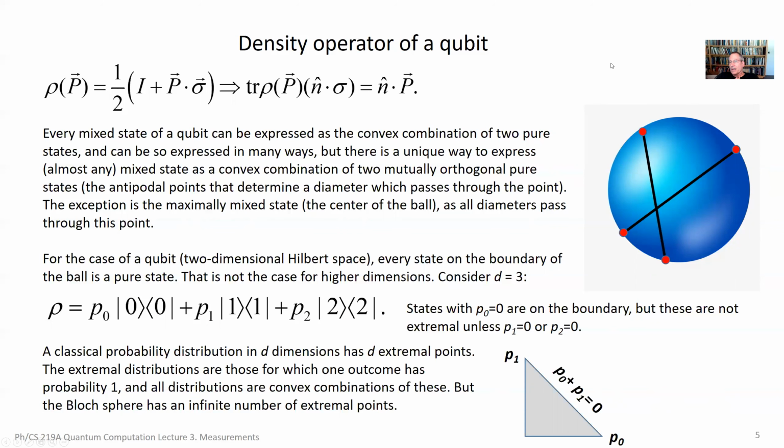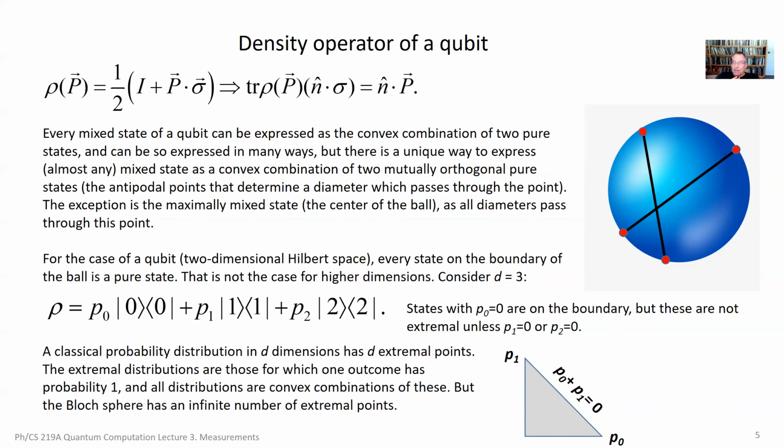In other words, I'll have expressed that density operator as a convex combination of those 2 pure states, which are not mutually orthogonal. Now, another thing to note is that in the case of a qubit, a 2-dimensional Hilbert space, every state on the boundary of the space of density operators is a pure state. The space of density operators is the ball with unit radius in 3-dimensional space. The pure states are the sphere with unit radius, the boundary of the ball, and every point on that sphere is a pure state.